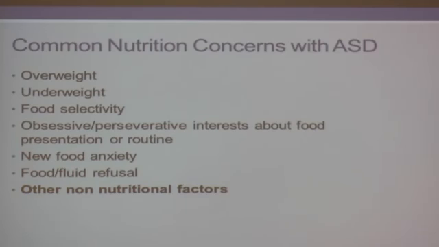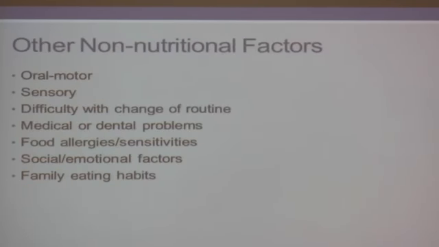Okay, and then other non-nutritional factors. So we can have oral motor issues, where literally the tongue may not have enough control to physically manipulate food in the mouth properly in order to get it to the back of your mouth, where it needs to be in order to swallow.